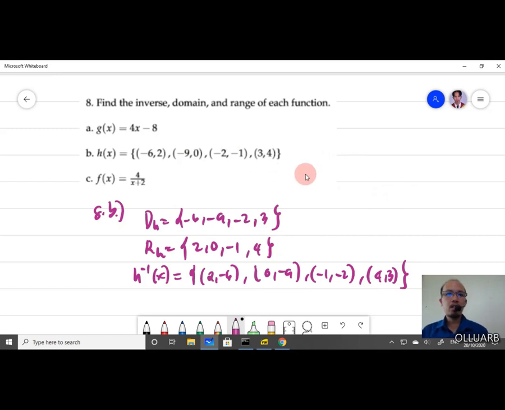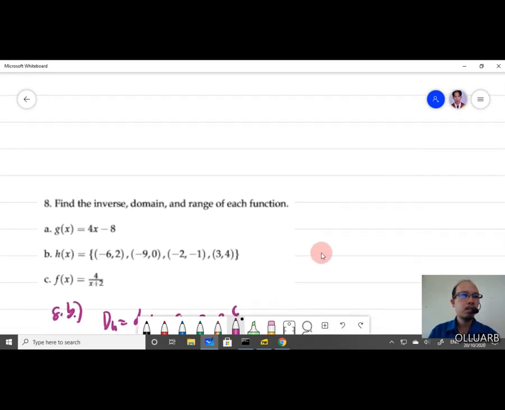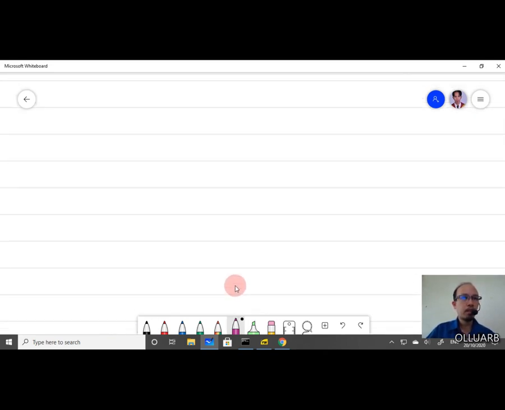For letter C, so let's wait for the program to respond. So for letter C, 4 over x plus 2.